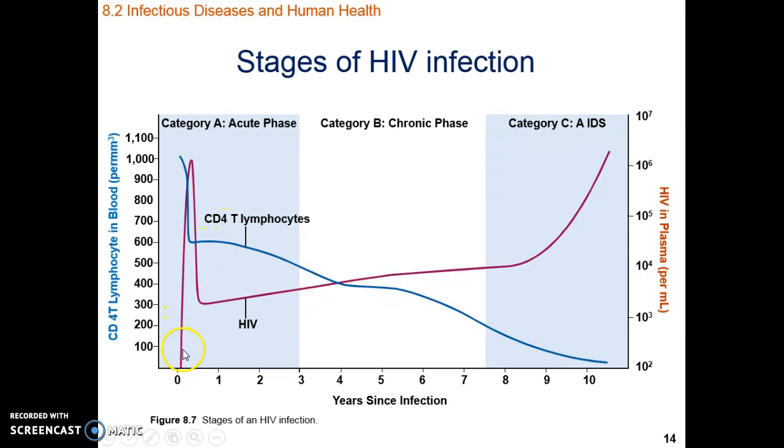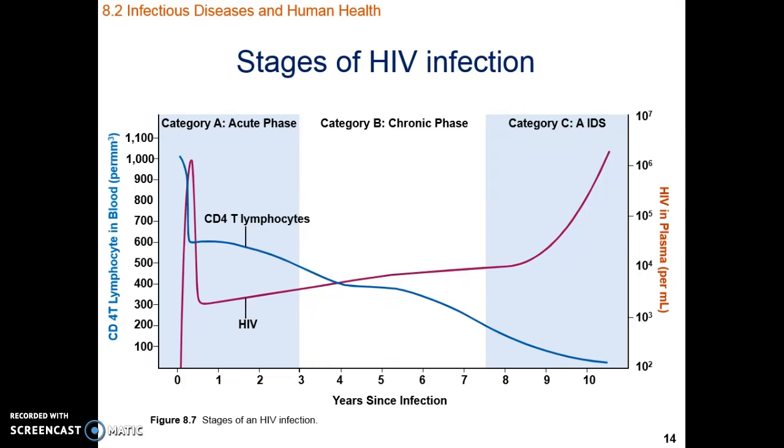And the virus peaks, and then what's going on here when it dips? It's because they're hiding out in these T lymphocytes. Some cells will die initially, and so the blue line here shows the number of helper T cells in the blood. You have normal levels here at the point of infection, and then it quickly drops. And the virus hides out in those T cells.